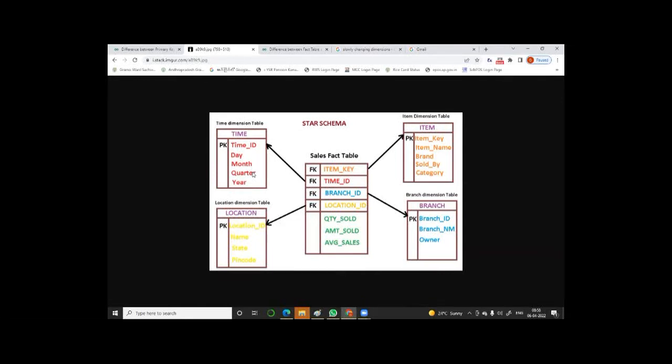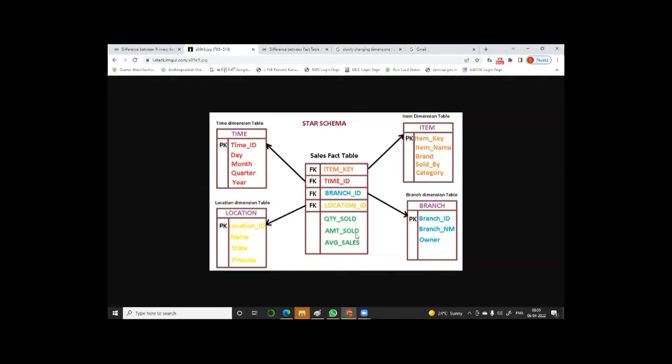No need to have only descriptive, but generally it is more descriptive. But coming to fact, it is only numeric, in most cases. That's why, see, quantity_sold, the value you can easily obtain out of the fact table.